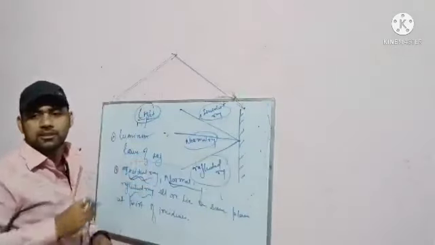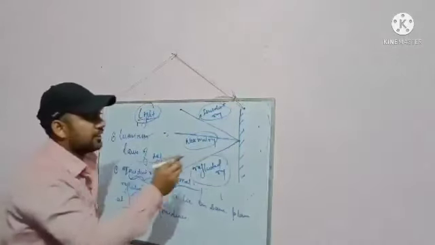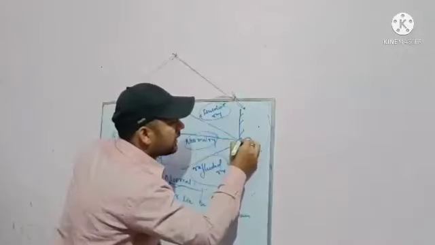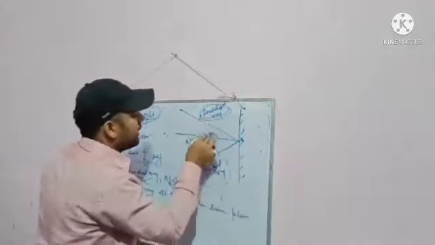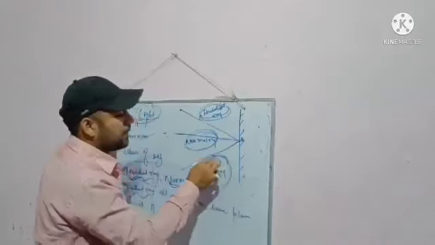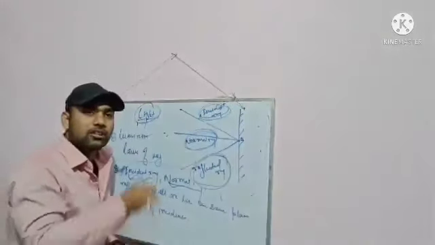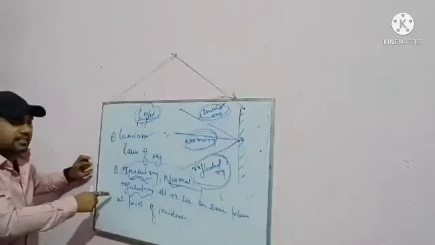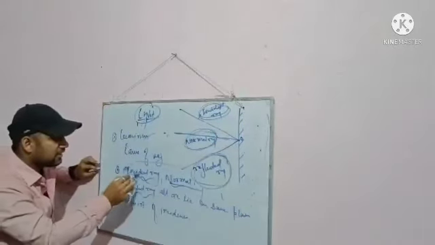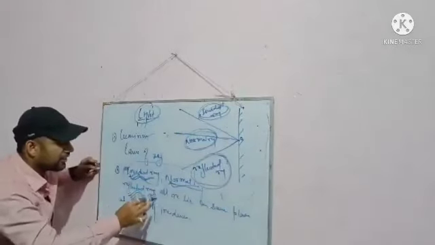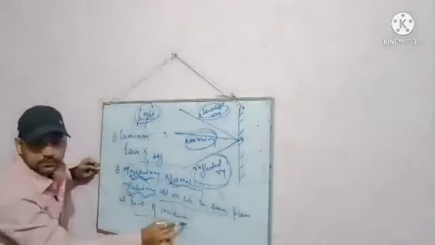That is called the point of incidence. So here O is the point of incidence where incident ray, normal ray and reflected ray all lie on the same plane, and as I discussed in law number 1, incident ray, normal ray and reflected ray all are lying on the same plane.